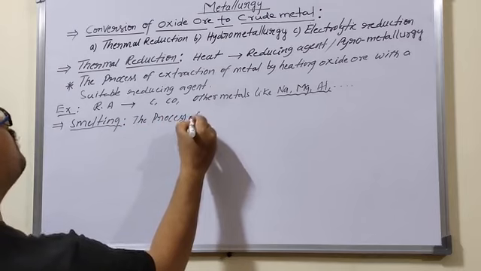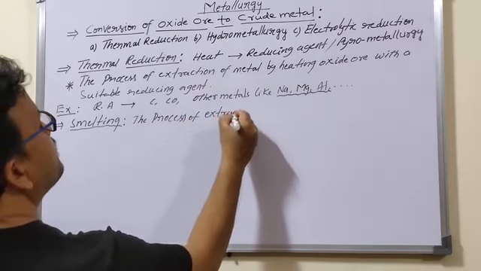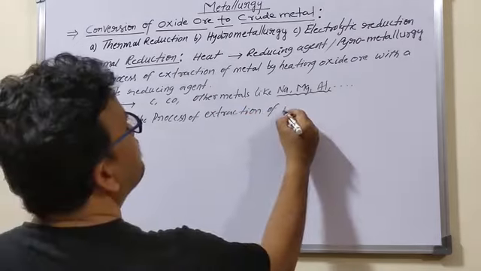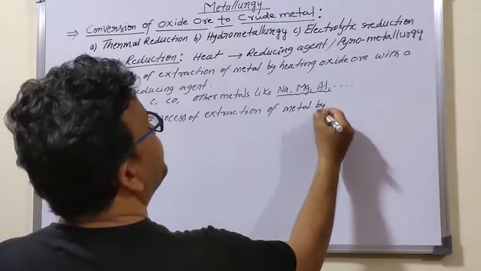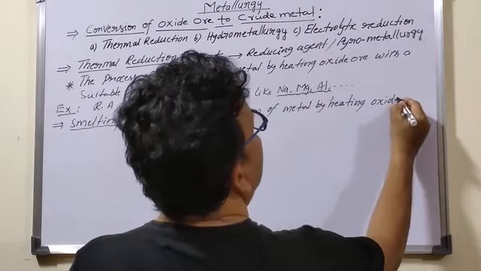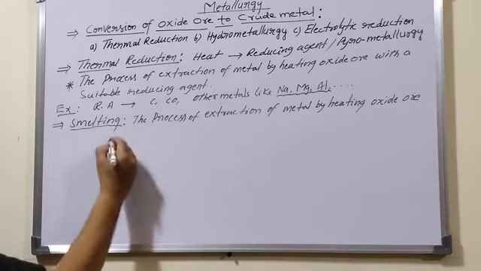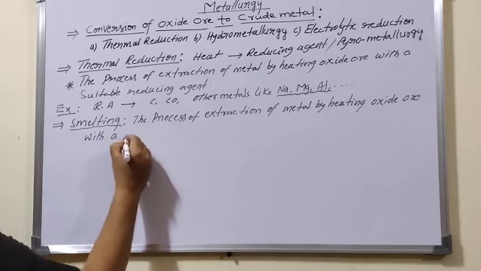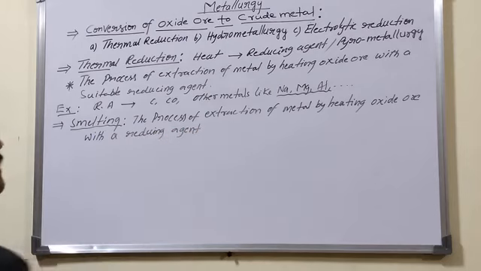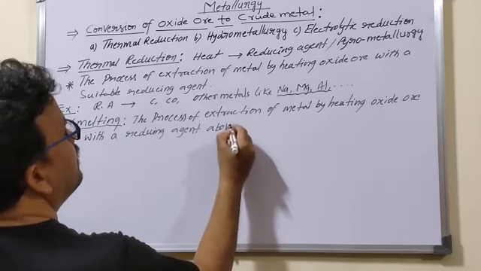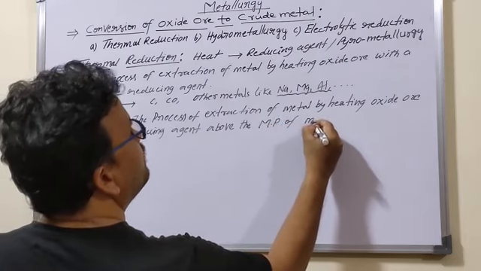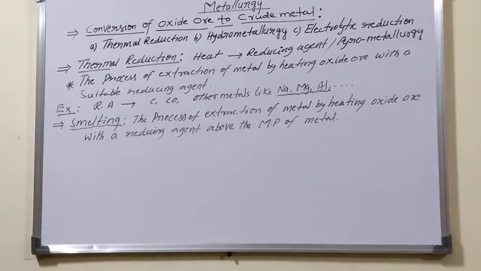The process of extraction of metal by heating oxide ore with a reducing agent above the melting point of the metal is called smelting.